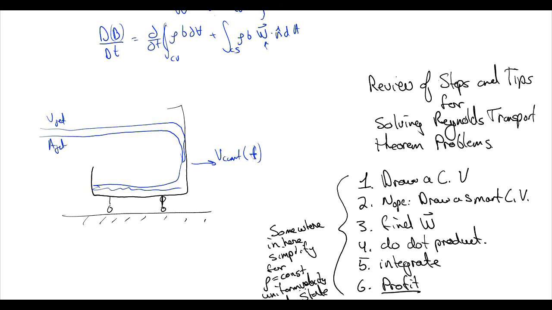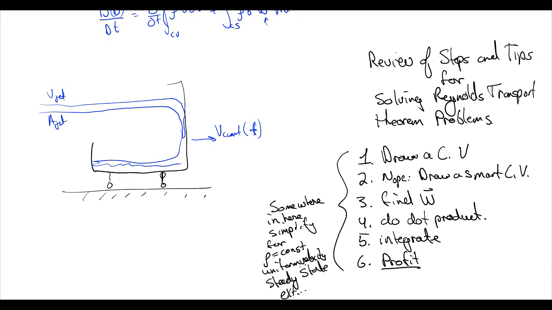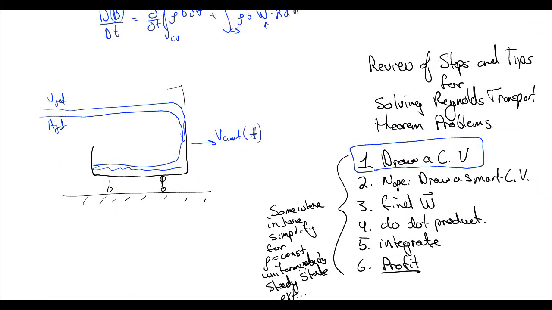So, quick review of steps and tips for solving Reynolds transport theorem problems. 1, always draw a control volume. This is not an option. 2, draw a smart control volume. You won't always be able to do this, but as much as possible, you want to draw the control volume perpendicular to the velocity of the fluid. We want to find our velocity relative to our control volume.